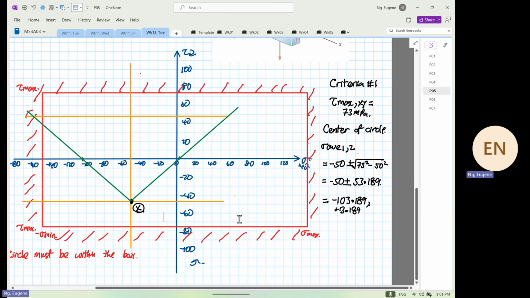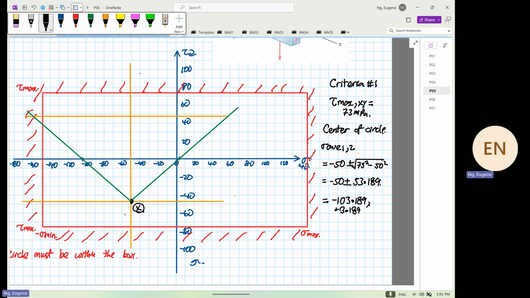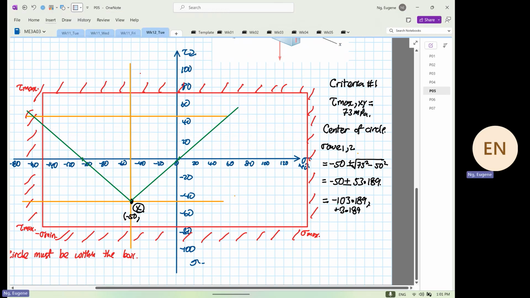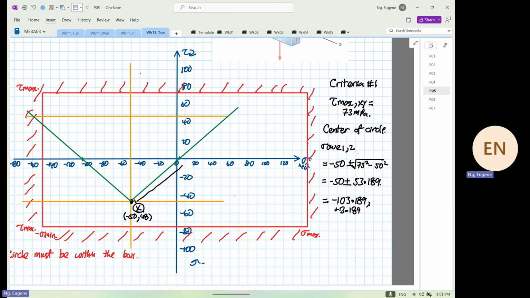Right. So what we have done earlier is we know that point X is at where? Is at minus 50 and this height is at 48. The shear is at 48. Okay. We know the radius is equal to what? We are aware that this radius is equal to how much? 73, yes or no? So we know that this height is equal to what? 50. So we know that the distance from here to the center of the circle is equal to what?